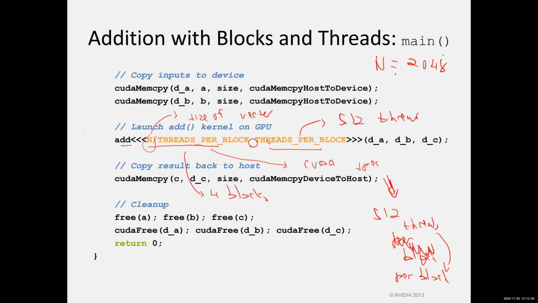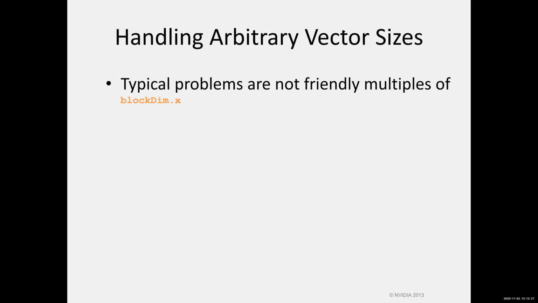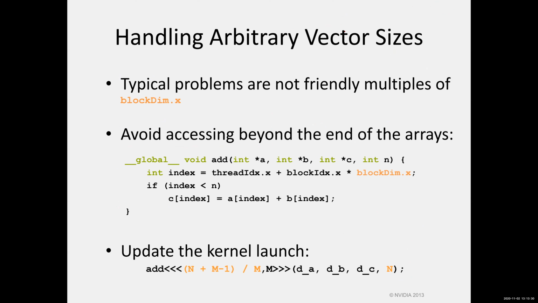So it will split this vector, which has a size of 2048 elements. The elements will be split across different blocks, and the blocks will run in parallel on the GPU. All right, that is how it works inside there.